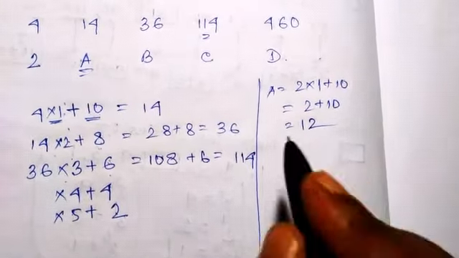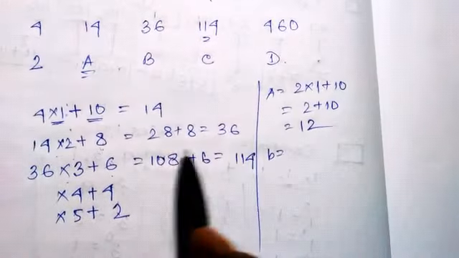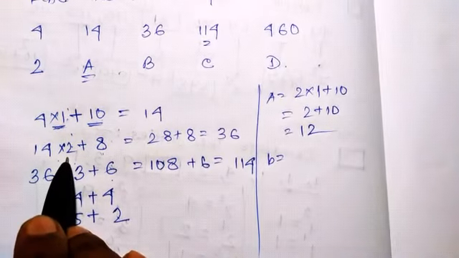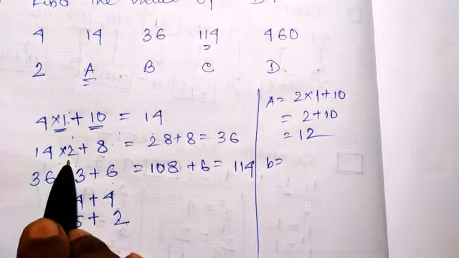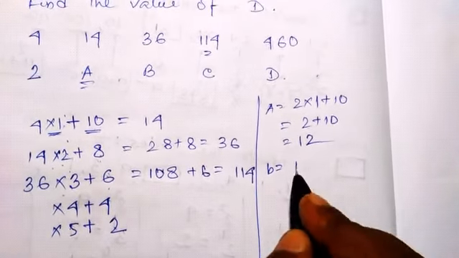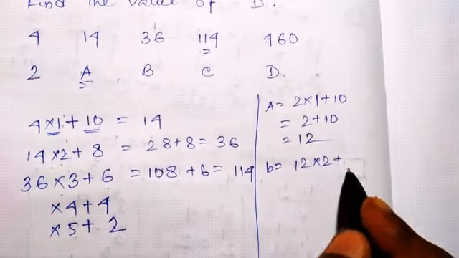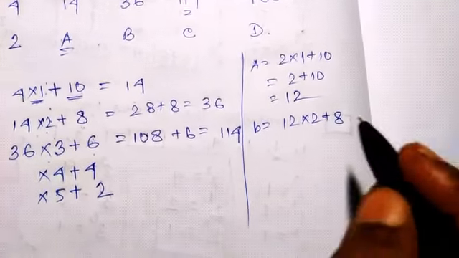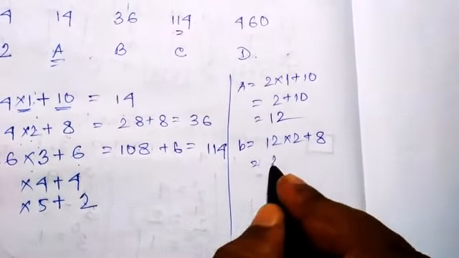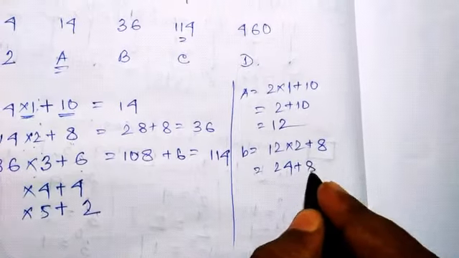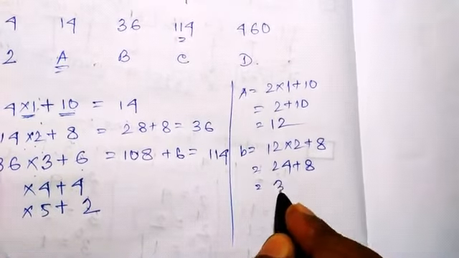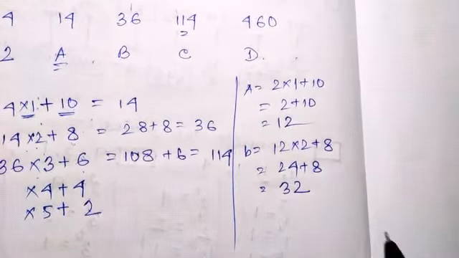Clear? And the B should be 12 into 2 plus 8. That should be 24 plus 8, that is 32.